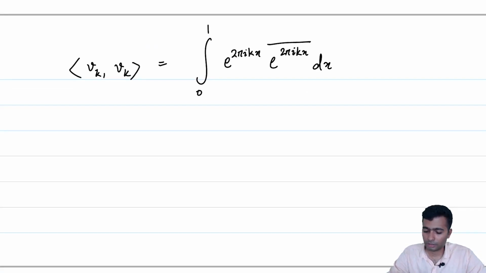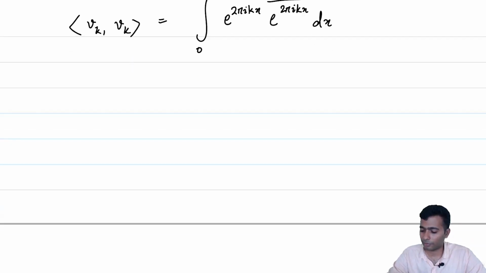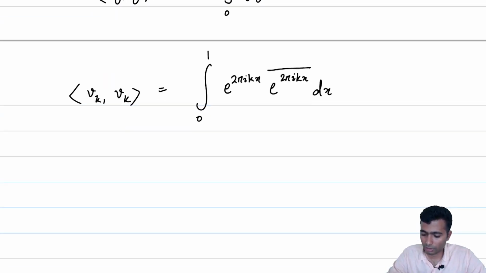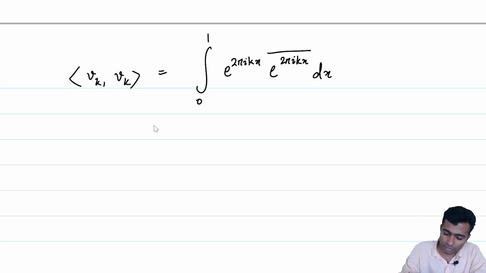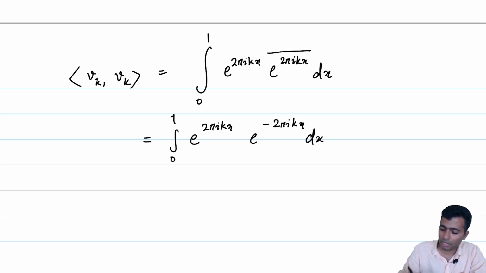But then what is the bar? If you go back and set, this is just cos 2 pi kx plus i times sin 2 pi kx. I'll leave it to you to check that this is the integral from 0 to 1 of e to the power 2 pi i kx times e to the power minus 2 pi i kx dx.